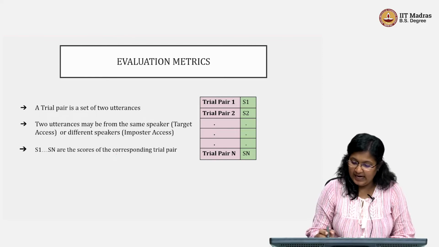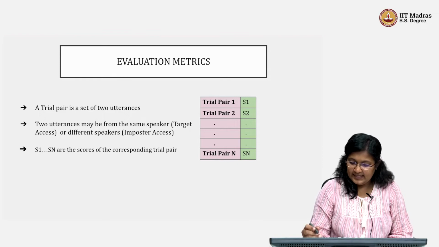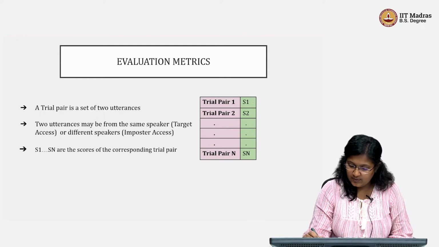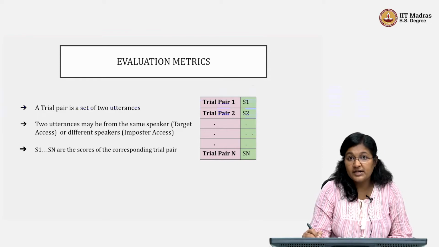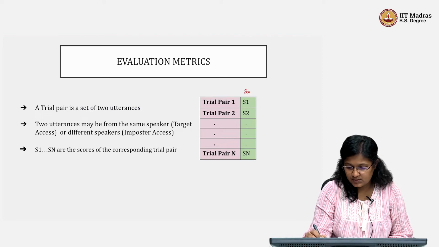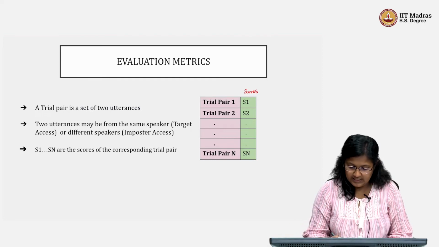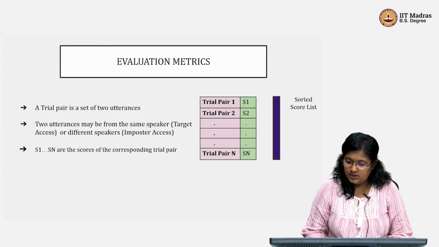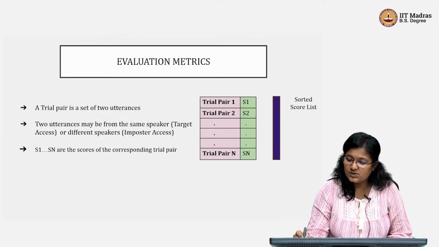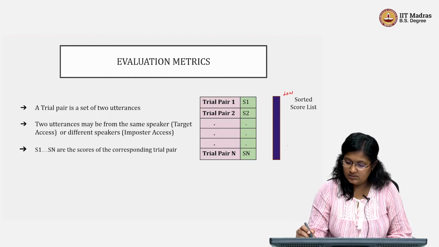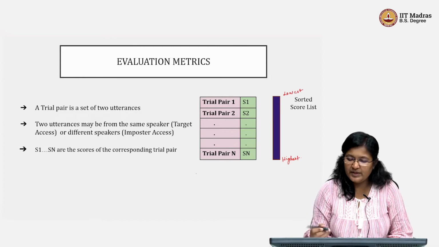Let us say we have some n trial pairs, and S1 to Sn are the corresponding scores. What you will do next is to create a sorted score list, from the lowest to the highest. Intuitively, what should it mean?